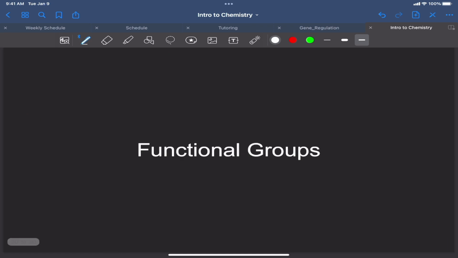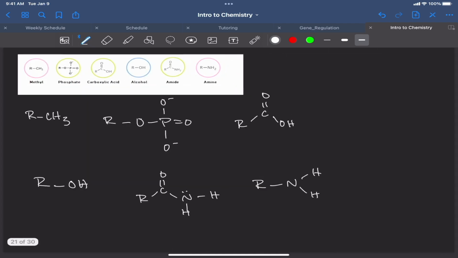So I had spoken earlier about functional groups. Now I just want to go a little bit more in depth about them. In this class, we're going to talk about 6 main ones. We have the methyl group, the phosphate group, the carboxylic acid, the alcohol, the amide, and the amine. Methyls are nonpolar. It's just CH3.